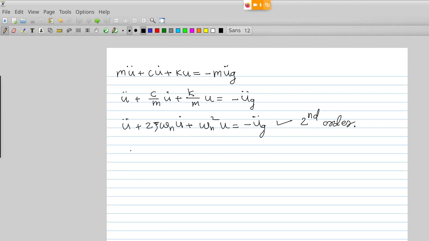We need to consider du by dt as some other variable and then use that. So here I will be using that itself, but instead of using z, I'm slightly going to modify these variables such that it will be easier for us to use in code as well.